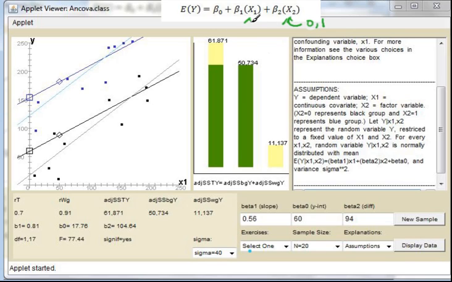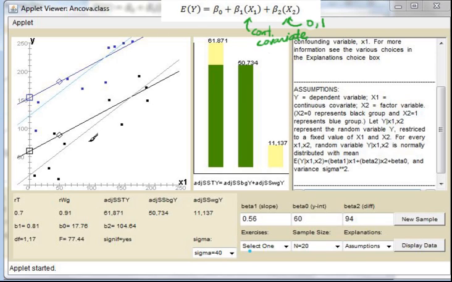And x1 is our continuous covariate. Sometimes x1 is called a confounding variable because we want to eliminate the effect of x1. We're mainly interested in the effect of x2 on our continuous dependent variable y.